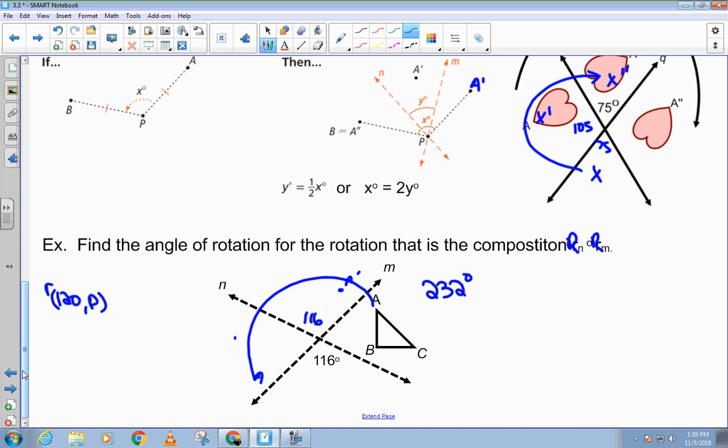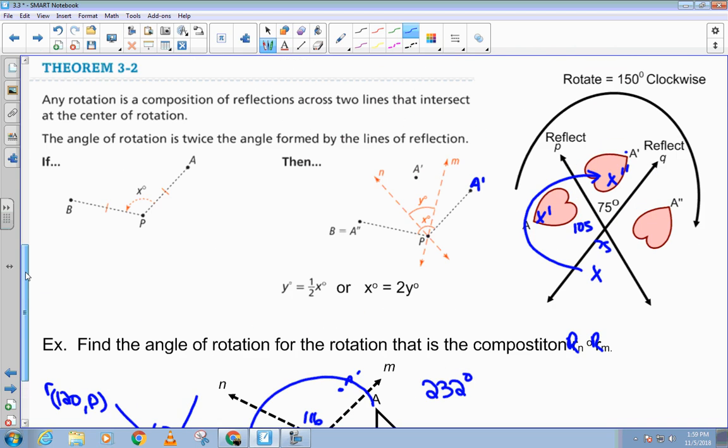Like if I was going to take this point right here, and I was going to reflect it, and then I was going to reflect it again. I want a 120 degree rotation. How should these lines intersect? At 60 degrees. Right? Okay, because if you reflect it and reflect it again, you would double it to the 120 degree rotation. So the lines have to intersect at half of that. Okay. Alright, any questions?